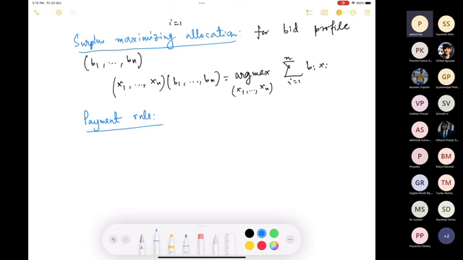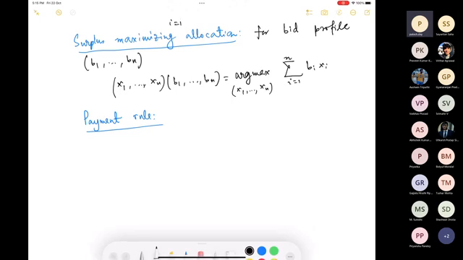Recall, how should we compute the payment for the ith player? I will fix the bids of other players and look at this function xi(z, b_-i). Can someone tell me how this function will look? Feel free to unmute and answer. How will this function xi of z comma b_-i look?